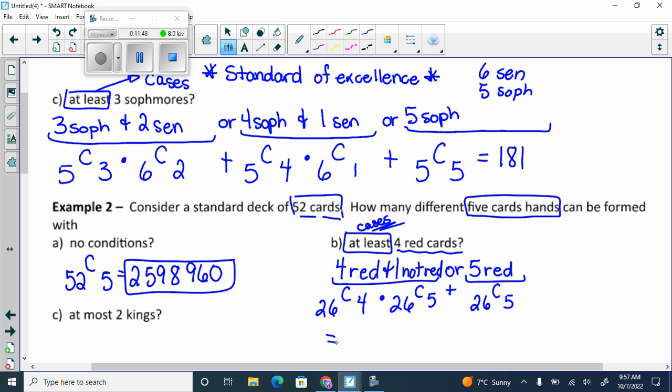And type it in. Big number. Did you get 983,476,780?